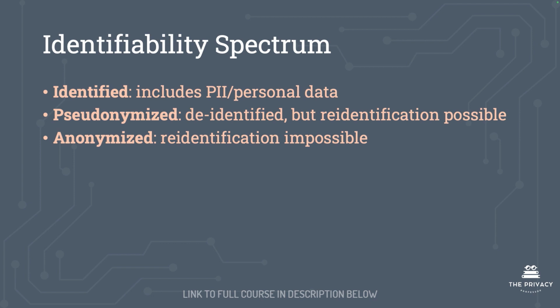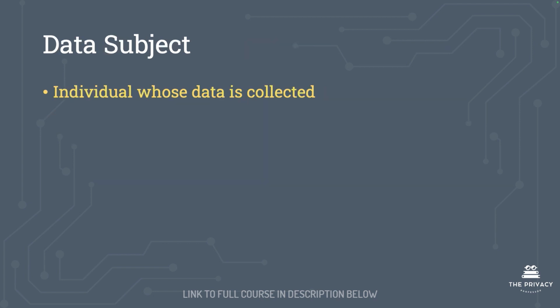Pseudonymized data might be located in the middle of the spectrum, and this is data that's been de-identified, but where re-identification is possible. And then the other end of the spectrum is anonymized data. This is where re-identification is impossible. A data subject is the individual whose data is collected. For example, if I'm collecting your data, then you are the data subject.